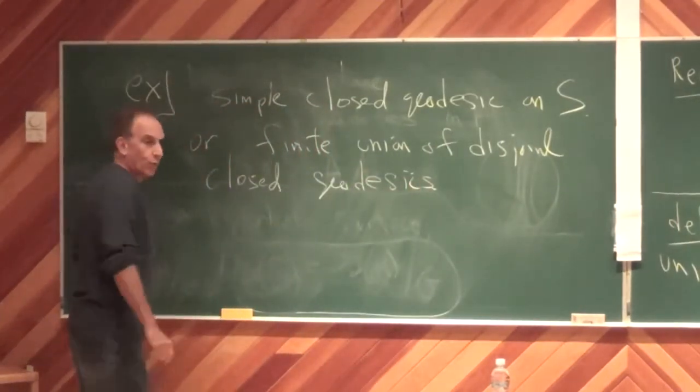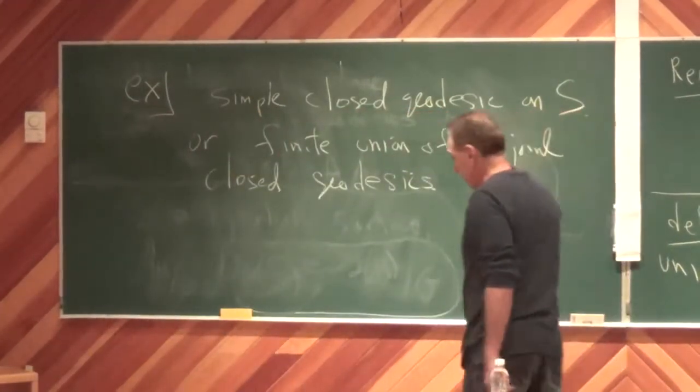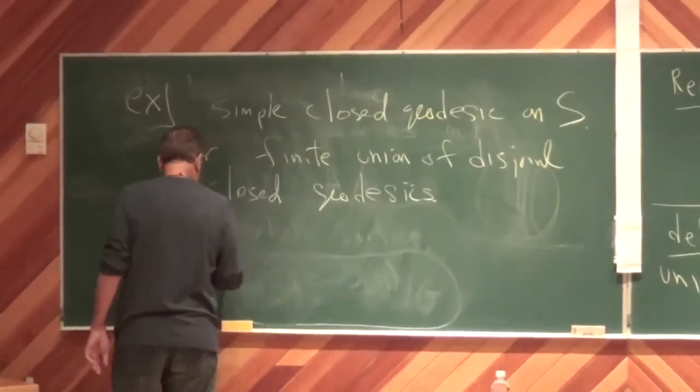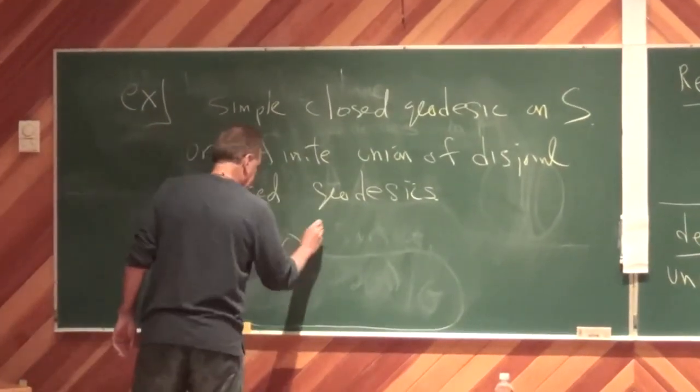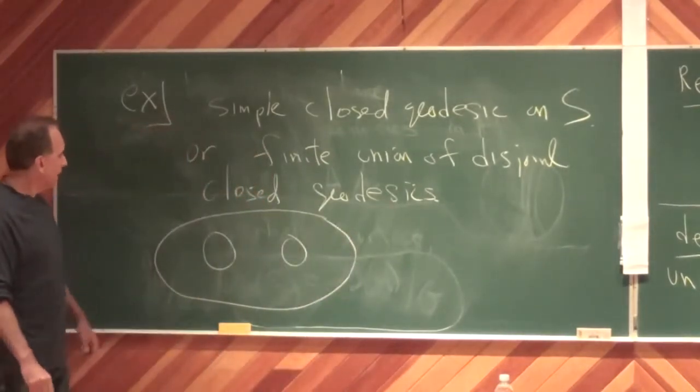But then you can get more interesting, and there are lots of much more interesting laminations. But let me just give you one picture, give you the idea of maybe something interesting going on.